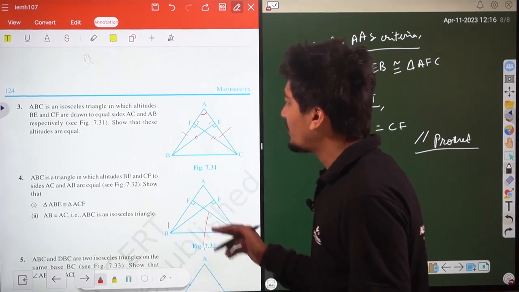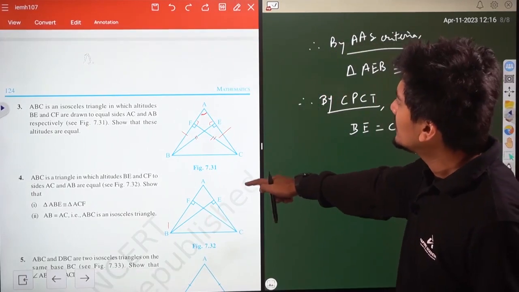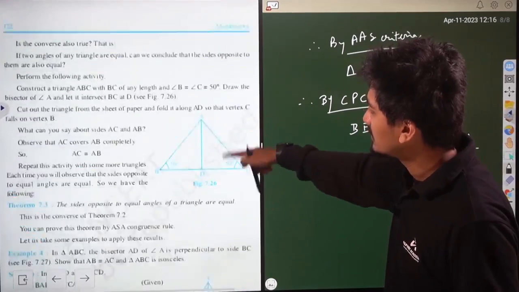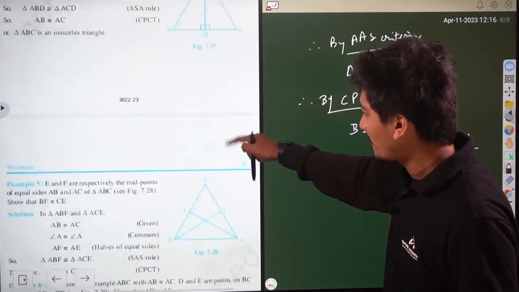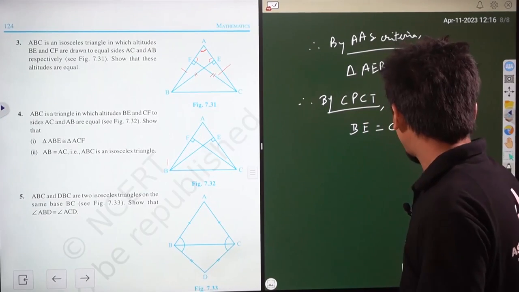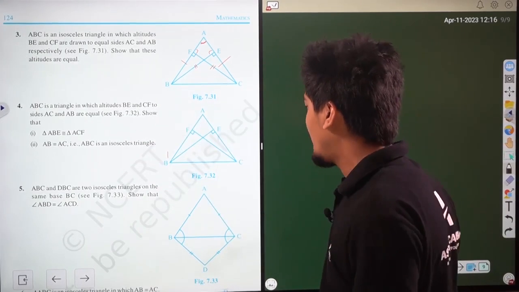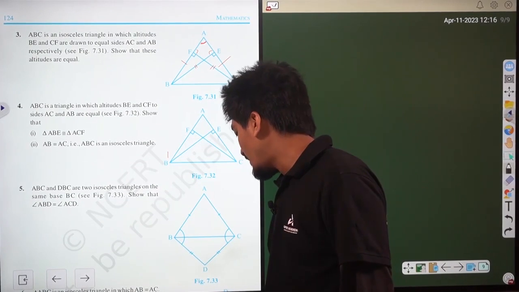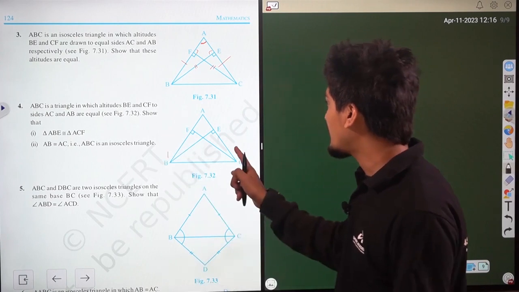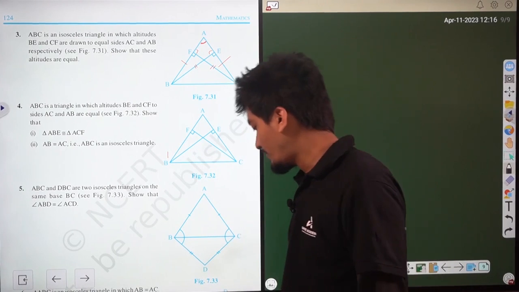Okay. So moving on to the next question. So the next question here is given as: ABC is a triangle in which BE and CF are altitudes, and two sides AB and AC are equal. This is the figure.